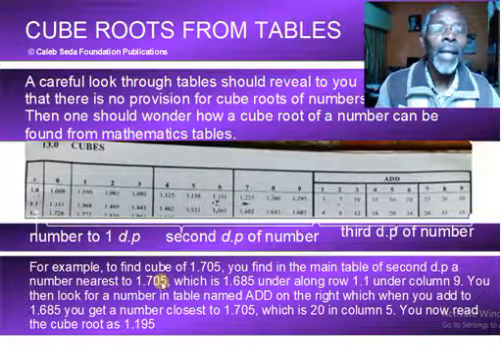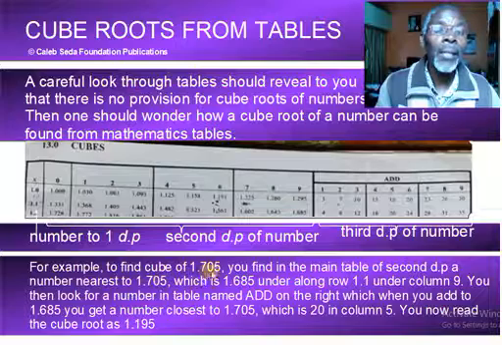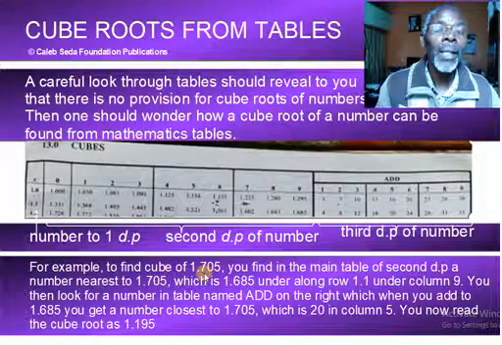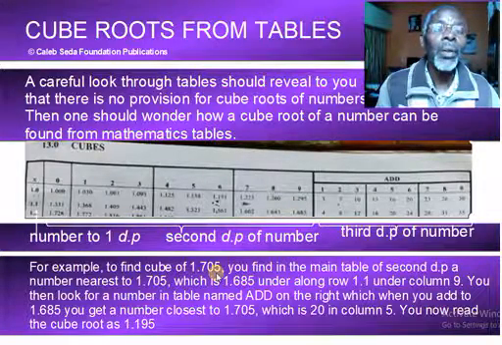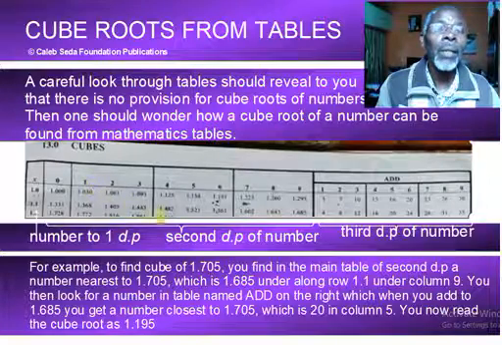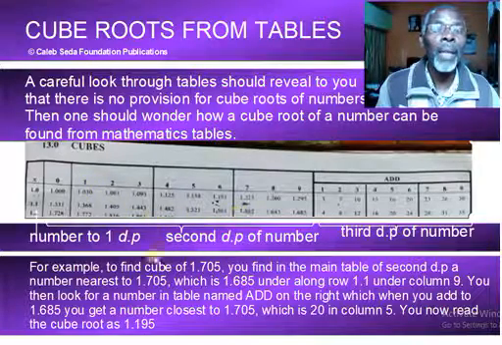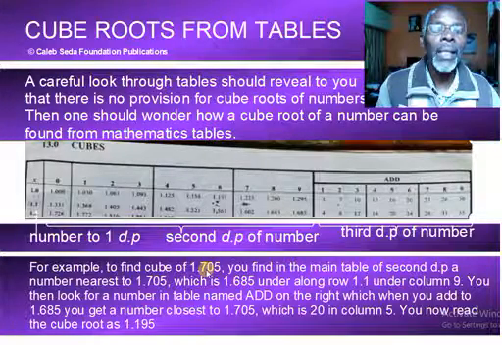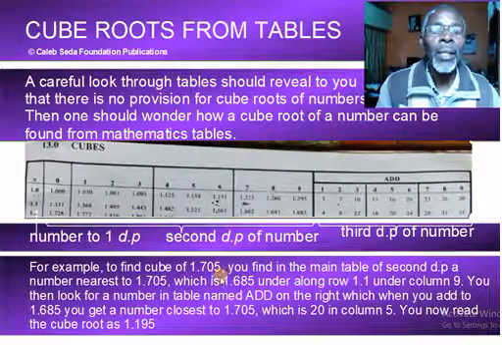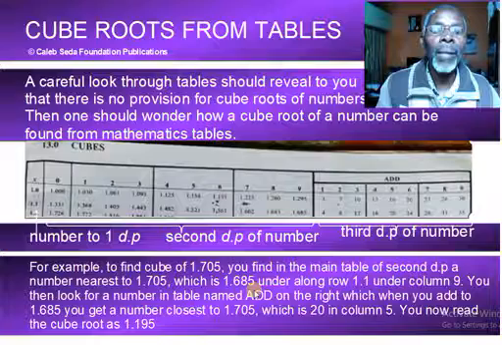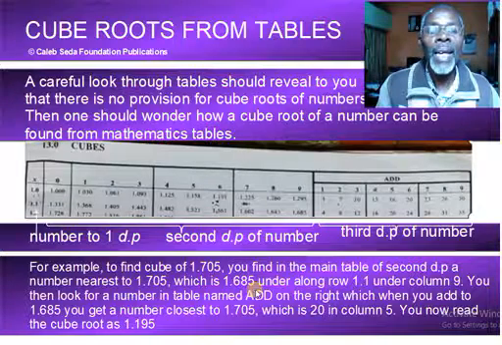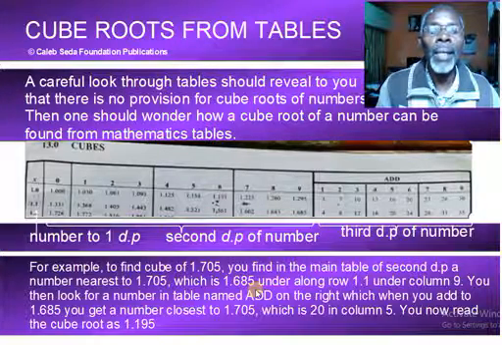To find the cube of this number, 1.705, from the table, you look into this big part, this main table, for a number nearest to 1.705. If you look carefully, you'll see 1.685 to be the nearest to 1.705, but of course there's a difference there.